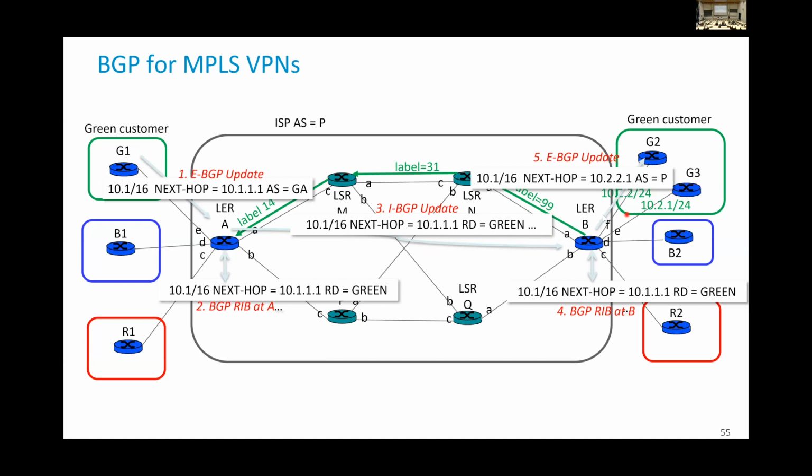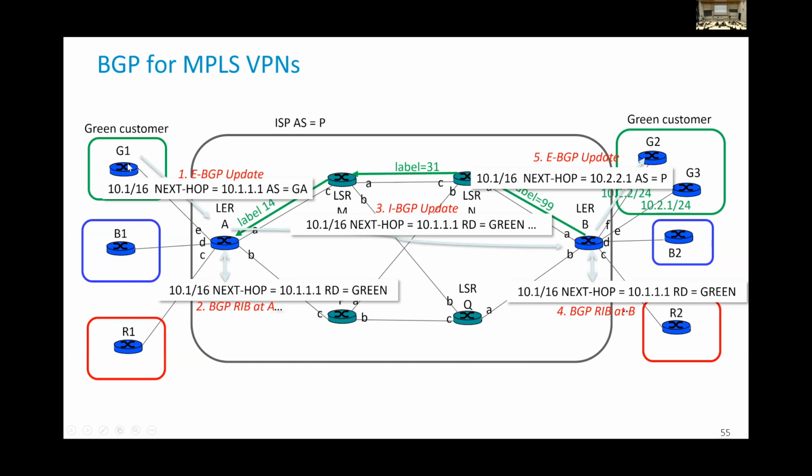within this route discriminator. In particular, router B, BGP router, speaks BGP to the second half of the green customer, and the BGP router and the green customer will receive the information. There is a 10.1.16 next hop with a given next hop here, and the next hop will be something that is local here, so that now the green customer will know where to send packets that go to this destination.